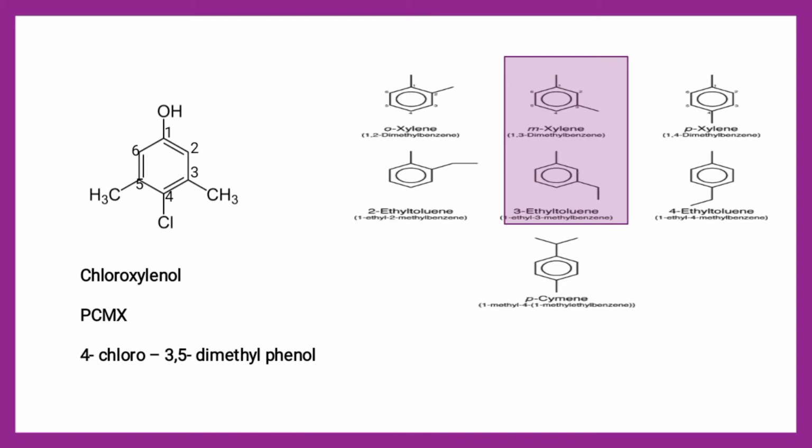It can be para also, it can be meta also. So this meta means, as you can see here, this is para, ortho, meta, again para, meta, and this is ortho. These are ortho, these are meta, these are para. So both are there on the meta position.